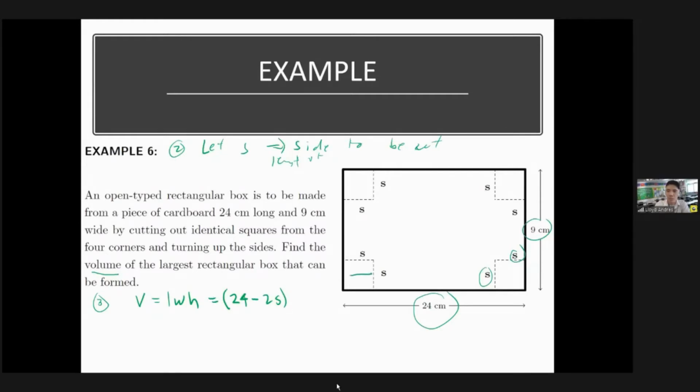So, ang nabilin, 24 minus 2s. That's our length times our width, 9, minusan na pagtapod og 2s. So, 9 minus 2s. And lastly, ang height na to is s.